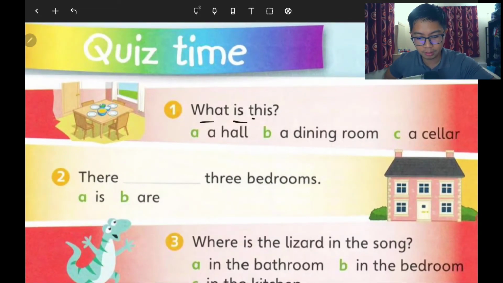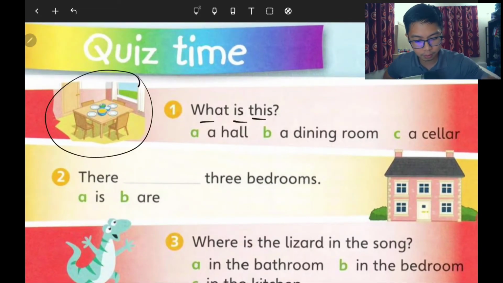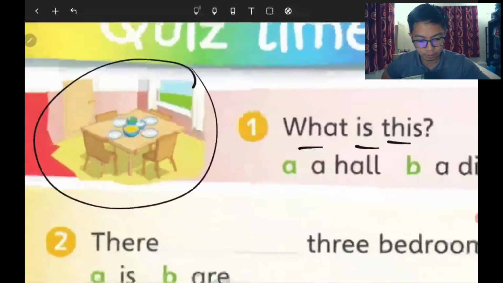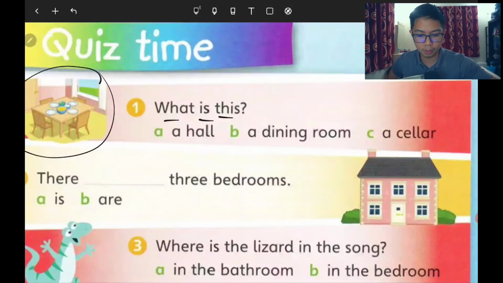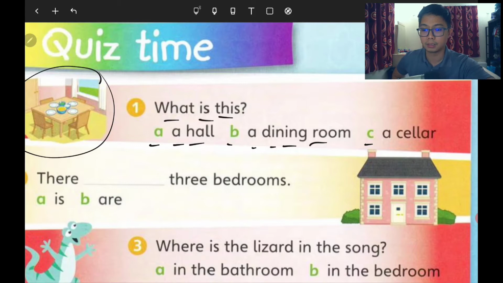What is this? Okay, look at the picture. What is this? Number 1, A hall, B a dining room, or C a cellar.